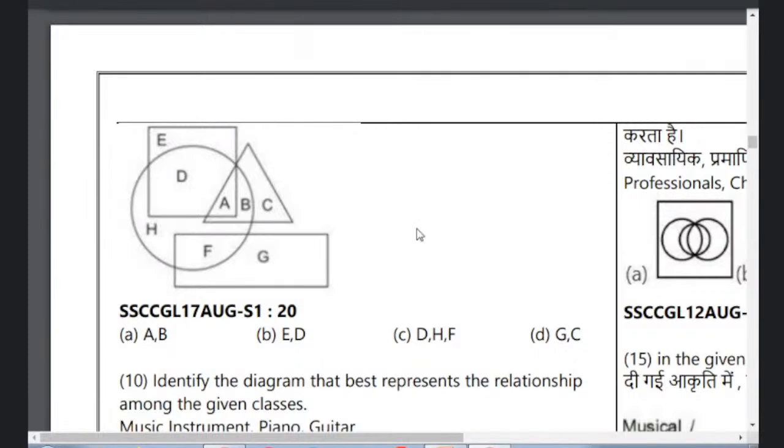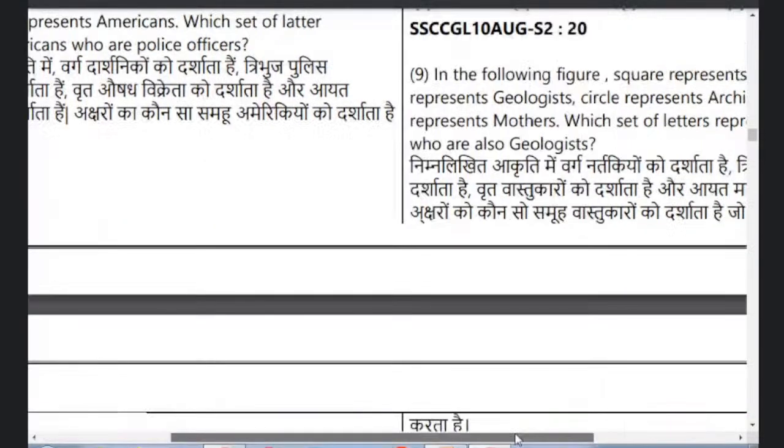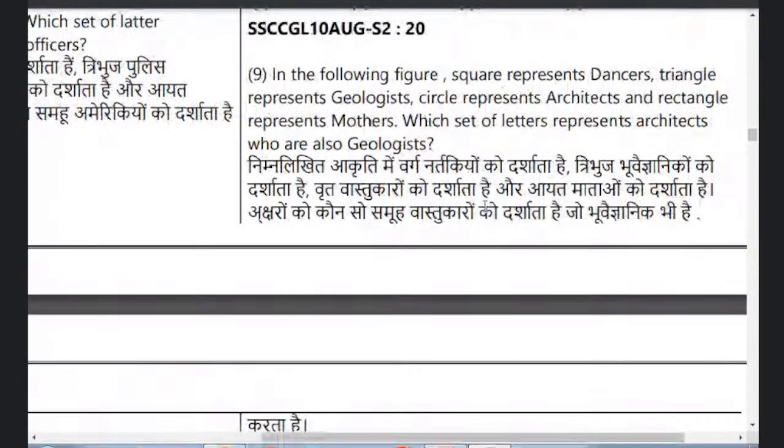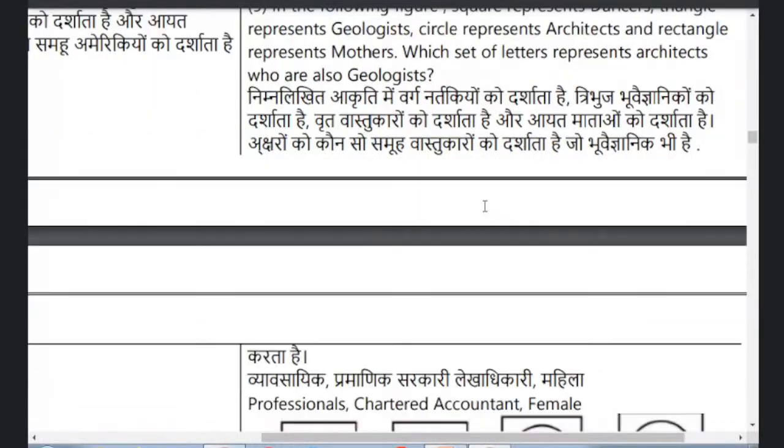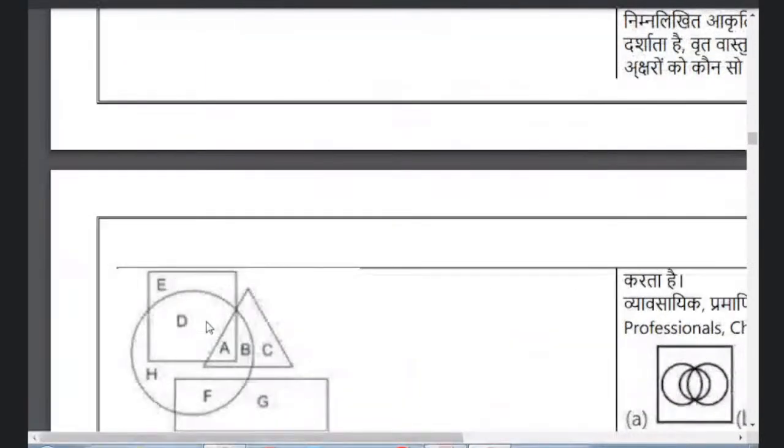We have to select geologist as well as architect. Who represents the geologist? Triangle. And who represents the architect? Circle. Then circle and triangle.